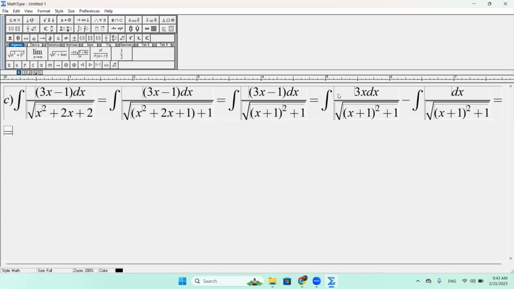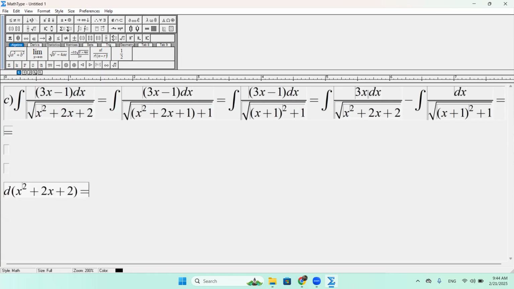And here, if I write this expression that is under the root, in the numerator we can see something like the differential of the expression under the square root, but that's not the differential, because the differential of this expression equals 2x plus 2 dx.